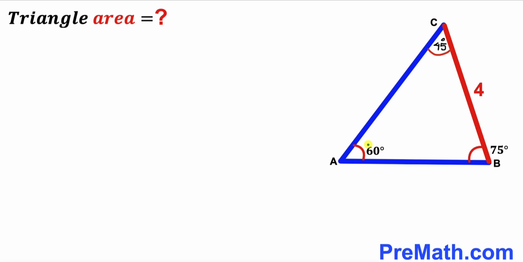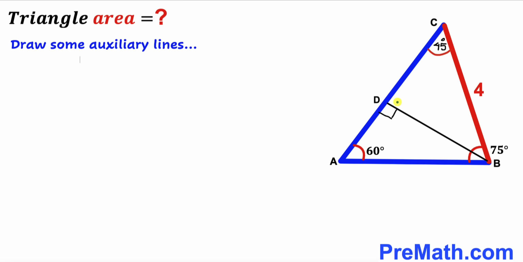And now let's make an observation. We know that one of these interior angles is 60 degrees. So we are going to draw some auxiliary lines to make our job simpler. We have dropped this perpendicular BD on this side AC.